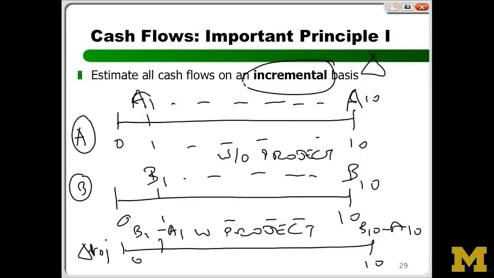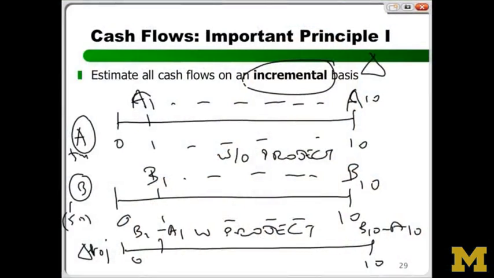It's how much B1 and B10 is over and above A1 through A10. If there's one thing I want you to remember about project creation is projects are always incremental. It's always good to think about what the world would look like without the project and what the world would look like with the project, because it's the difference.